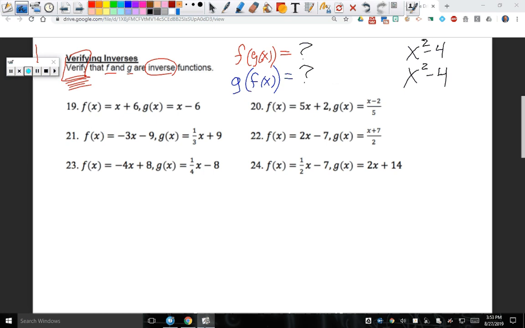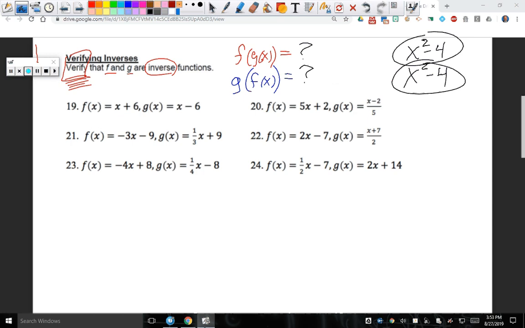Most likely you're going to get X and X all the time. But sometimes, depending on how people simplify, they may get a little bit more stuff than just X. Okay? So ultimately, here's the thing. If they're the same answer, they're inverses. But if anything is slightly different, they're not inverses of one another.